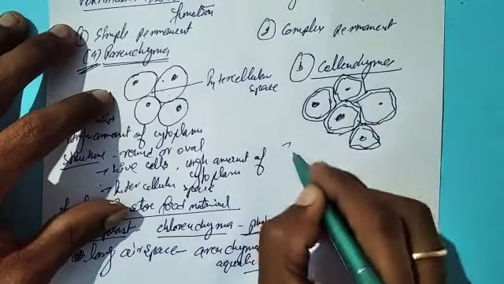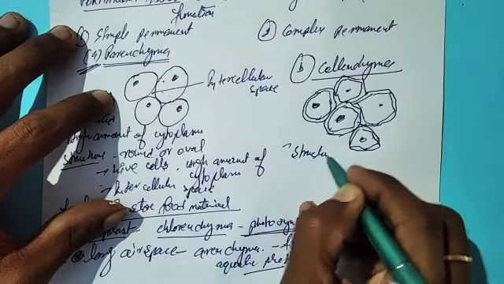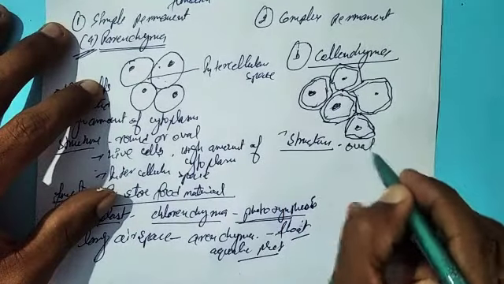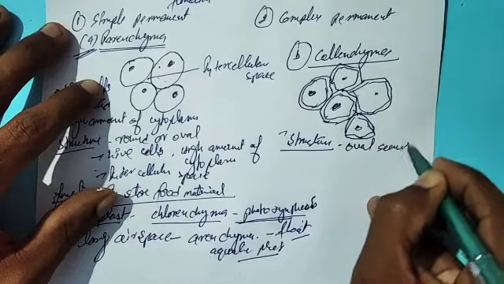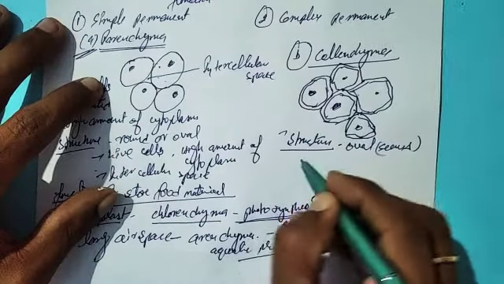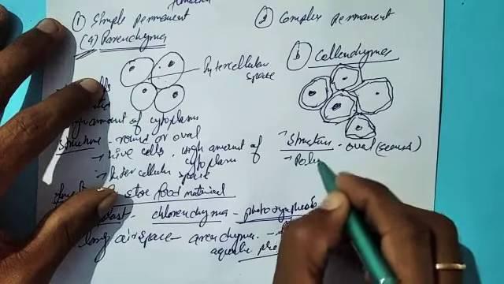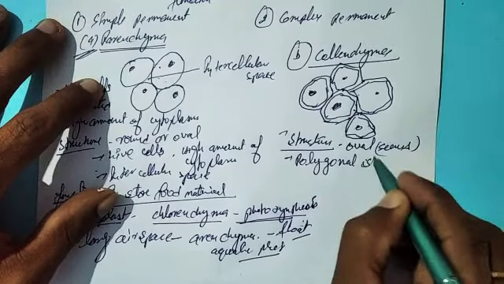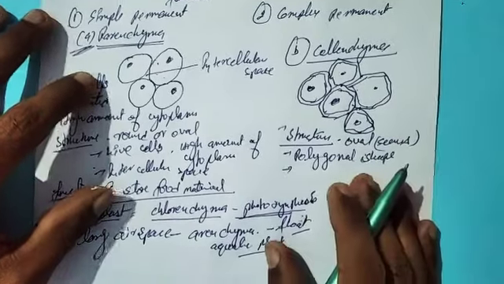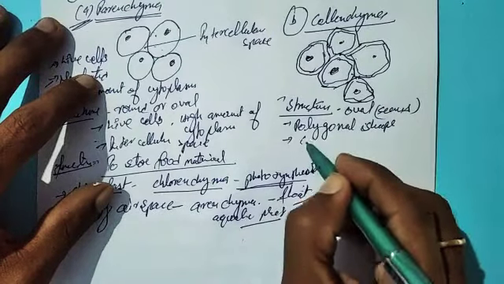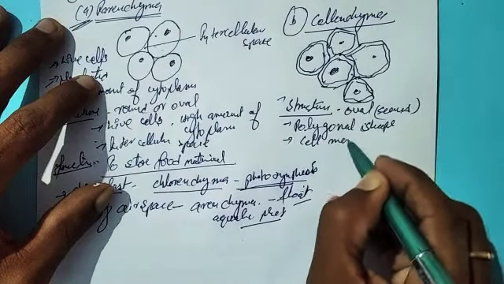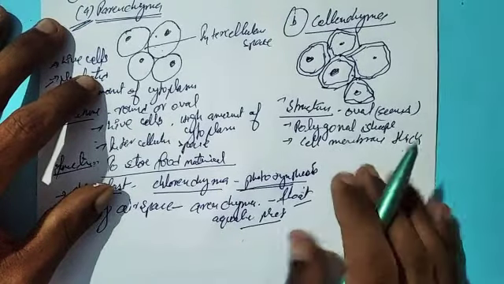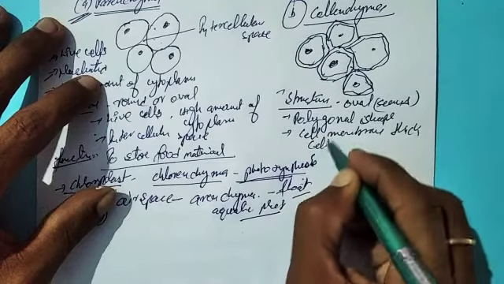These cells sometimes seem oval in shape, but they are basically polygonal in shape. Their cell wall becomes thick due to the deposition of cellulose.